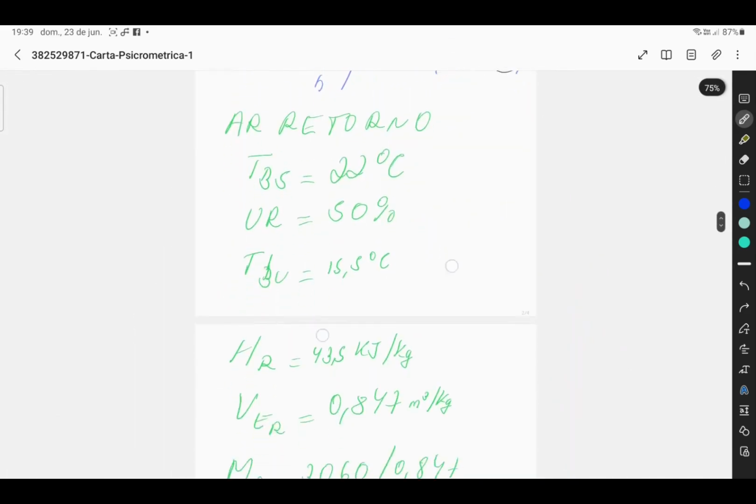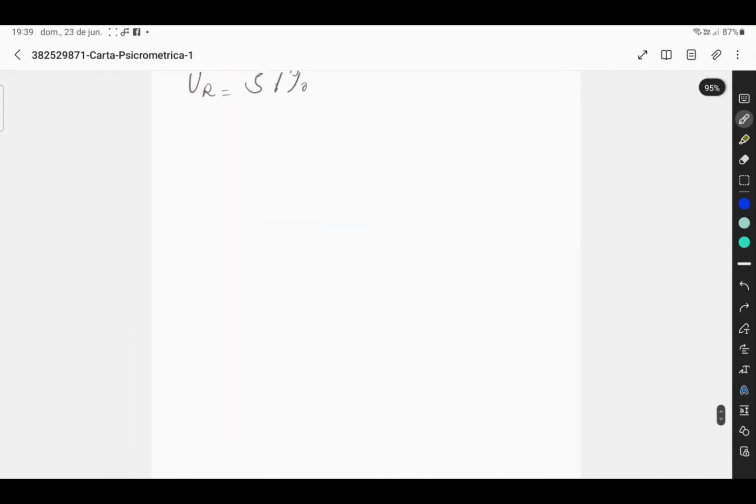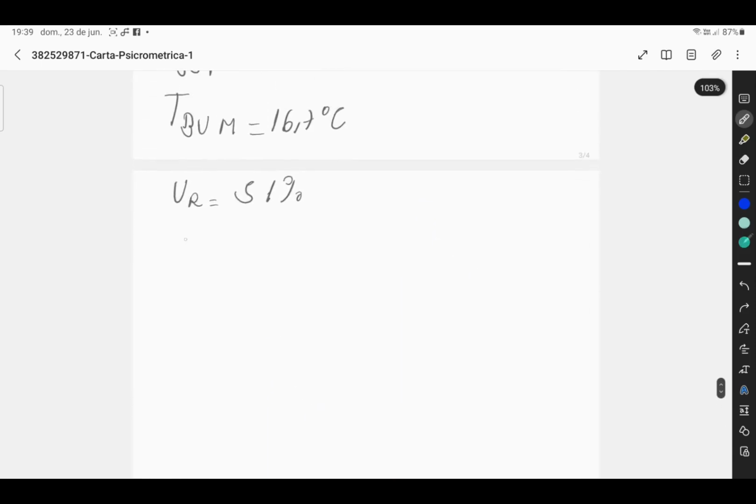This is the supply air to combat my thermal load, so my supply dry bulb temperature will be 12 degrees, my relative humidity will be 90%.